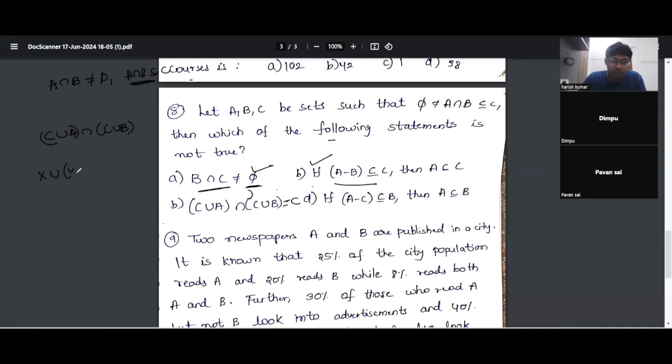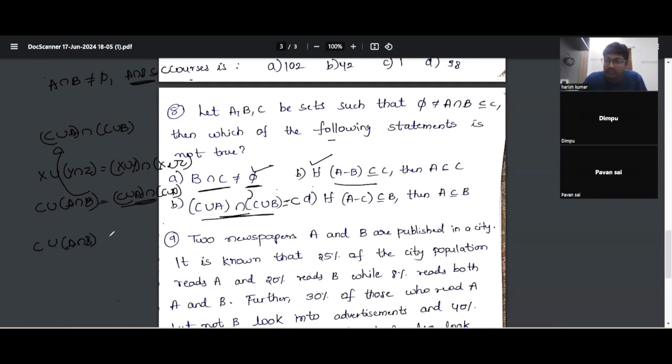X union Y intersection Z is X union Y intersection X union Z. Now it is in reverse. So how can I write this? C union A intersection B. This is C union A intersection C union B, which is the same as this one, right? So I applied the reverse distributive property and I had written this as C union A intersection B.